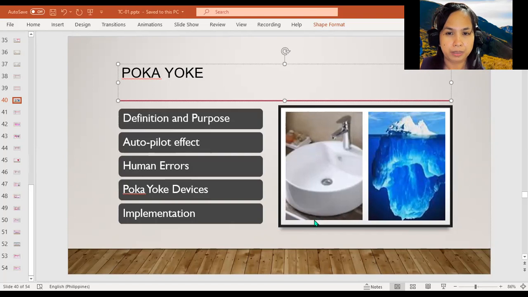So, for example, take this bathroom sink. A potential mistake is that someone may close the drain plug, start running water, and walk away. And then after a few seconds, water could potentially spill out of the sink unless, of course, the sink has a drain hole.